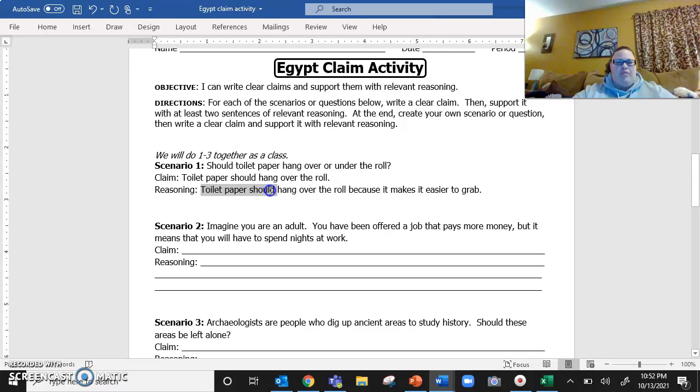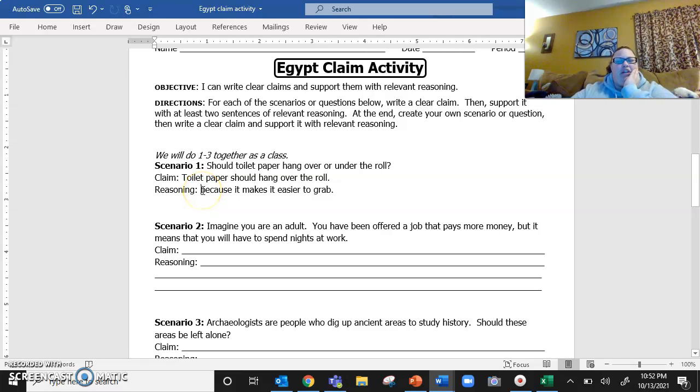So I am going to erase this. And now my sentence is, because it makes it easier to grab. That is not a full sentence. That is a fragment of a sentence. I am in middle school. I have to answer in complete sentences. So I'm going to add something to the beginning.